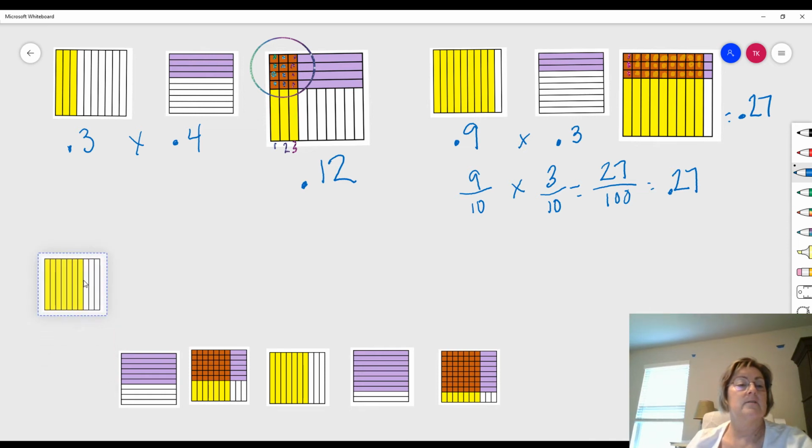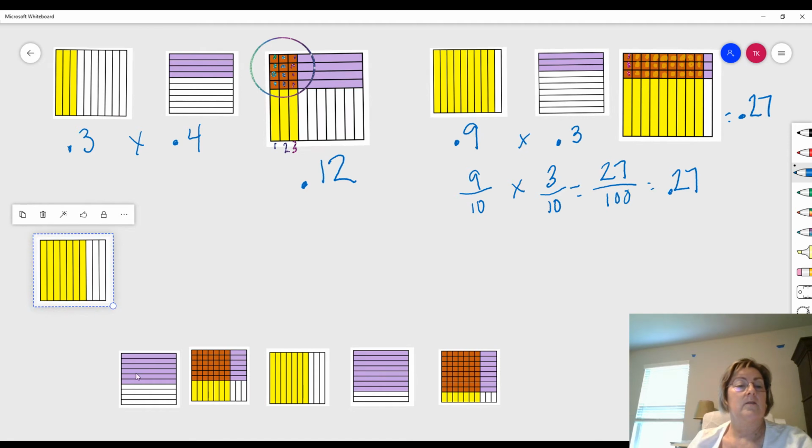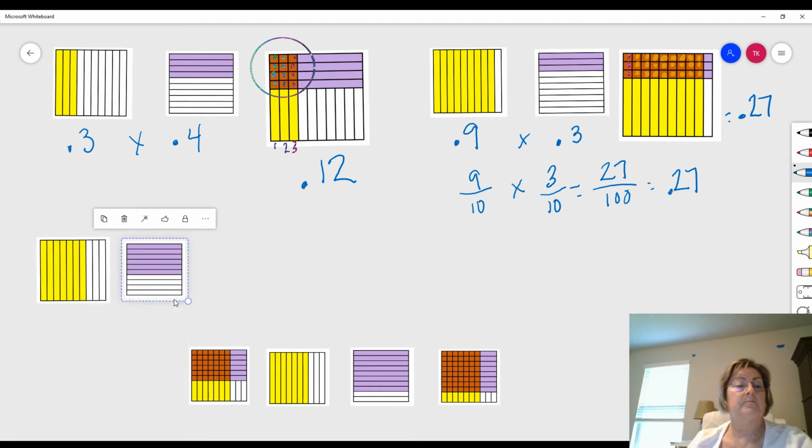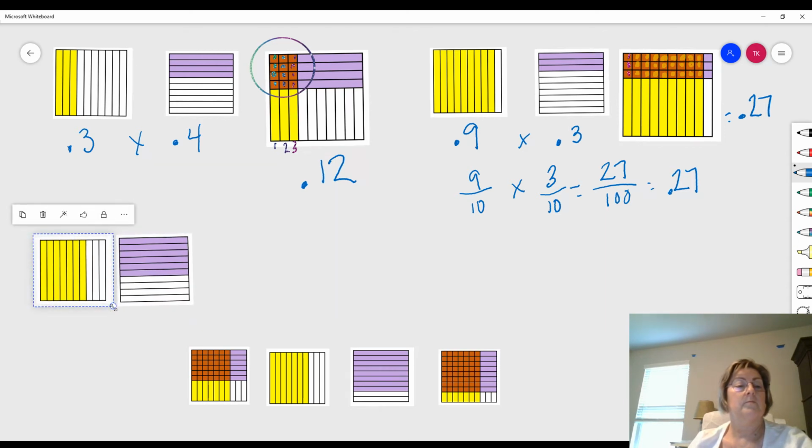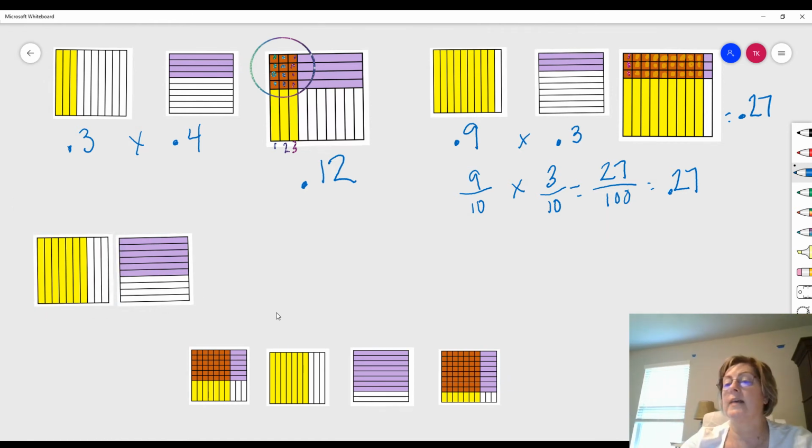Let's look over here. Got some more examples. All right, our first model shows 7/10 times, and if it's hard for you to count, we'll just count them. 1, 2, 3, 4, 5, 6/10.